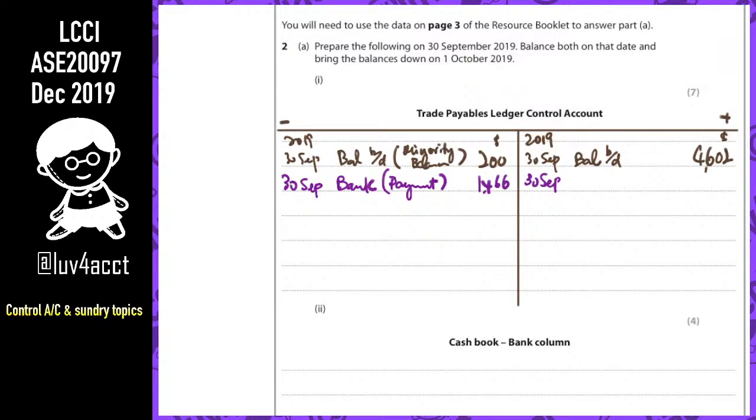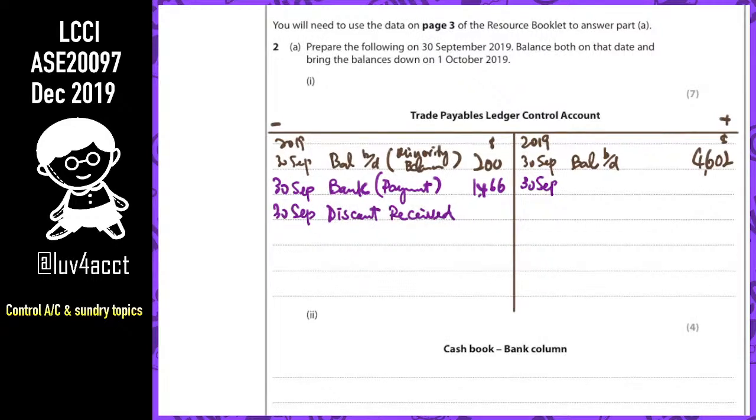What else do we need to reduce the control account for? We also have a discount received. Do we have anything else? I guess no. So discount received 11.